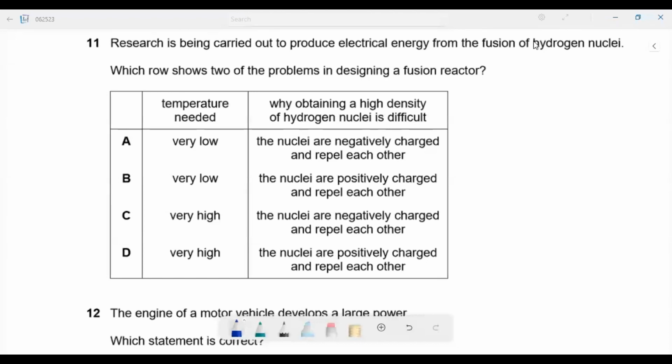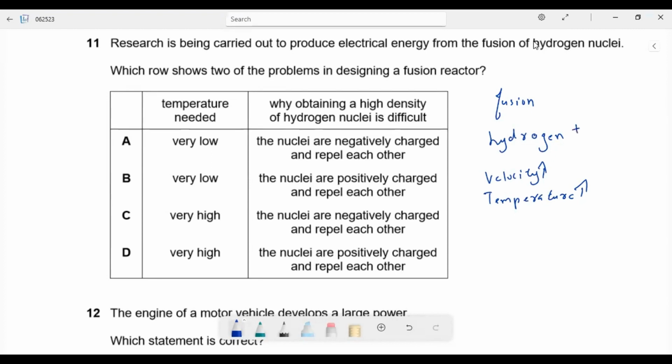In the case of a fusion reaction, hydrogen nuclei need to collide at extremely high velocities. The velocity needs to be so high, and the temperature needs to be so high. Under these conditions, the hydrogen nuclei will be colliding.